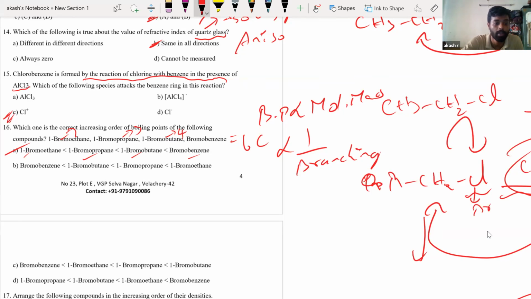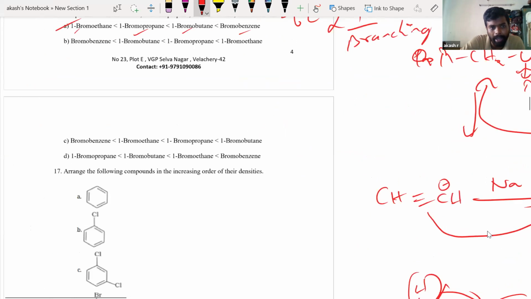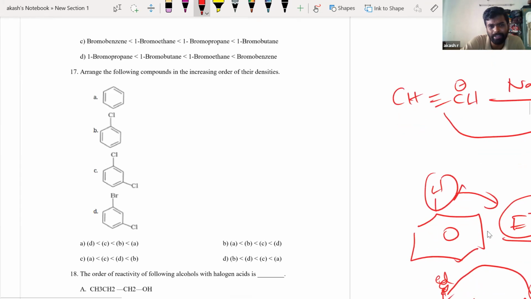Moving on. Arrange the following compounds in the increasing order of the densities.